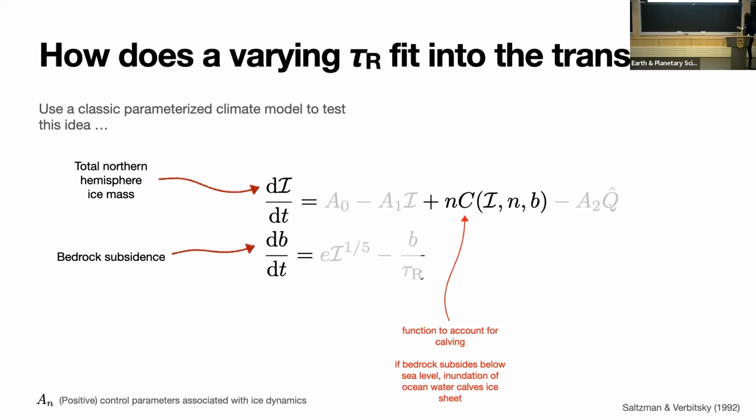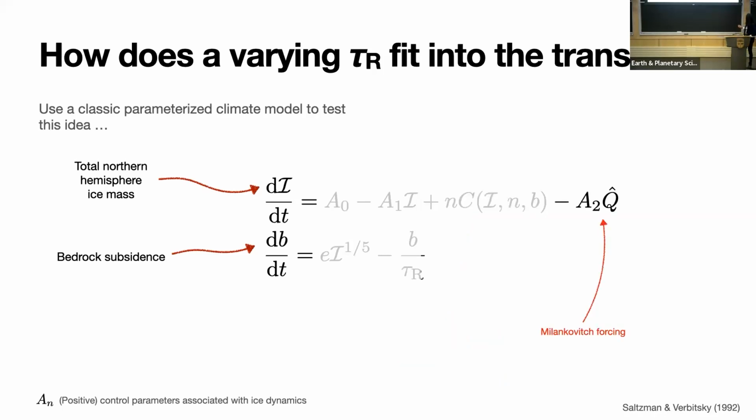And so this is dependent on the ice mass, and also B, which is basically the bedrock, right? So if we're going to sink, we're going to allow more waters to inundate, right? So this is a function that accounts for that. It basically enhances melt if the ice sheet hits the Arctic Ocean.